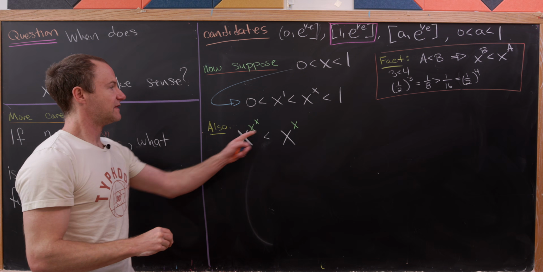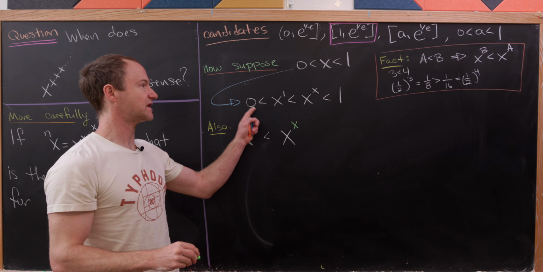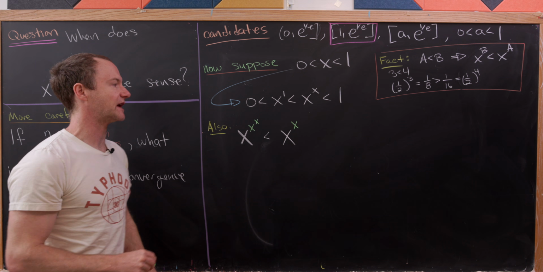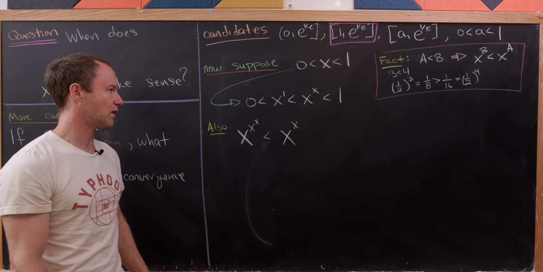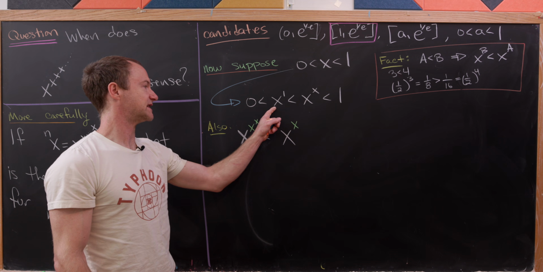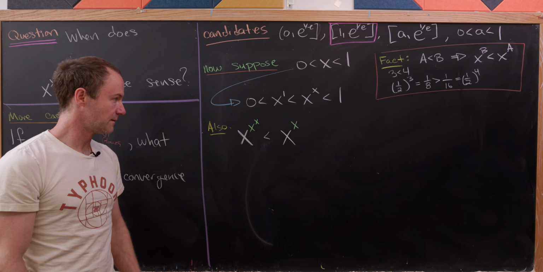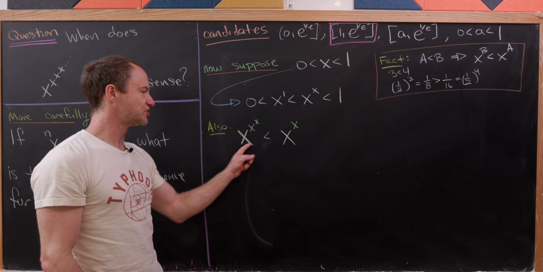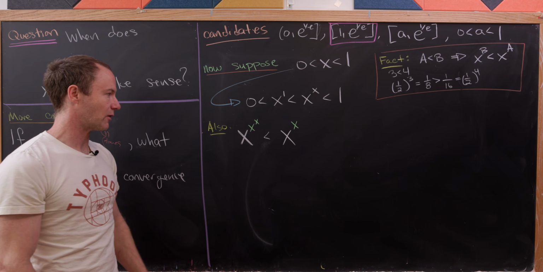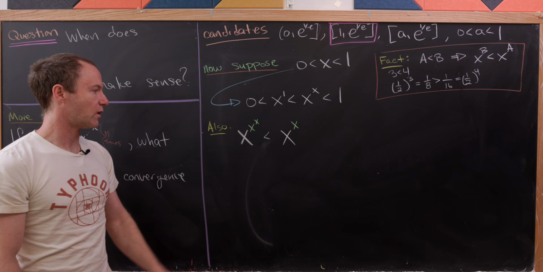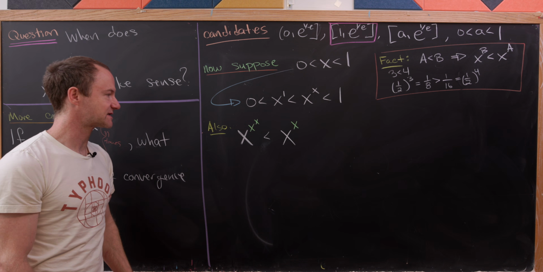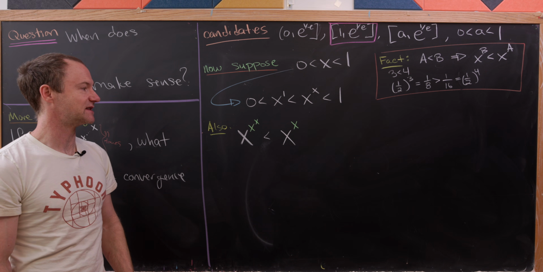And again, that's just from the reversing behavior of our inequality when x is less than 1. Notice x to the x is bigger than x to the 1, but that means when we exponentiate it into this xth power, we reverse the inequality. So we've got x to the x to the x is less than x to the x.